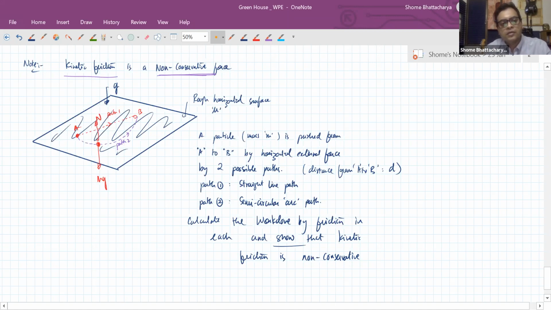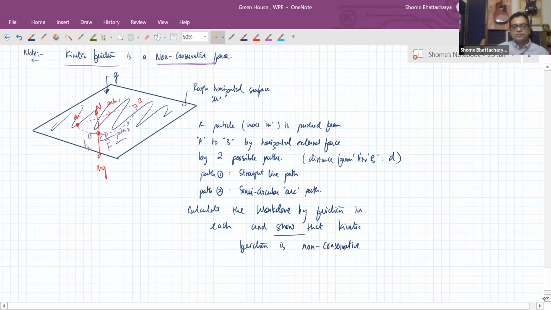Whatever external force you're applying on the body, that will apply tangentially along the surface. So what about the kinetic friction? It will act tangentially like this.